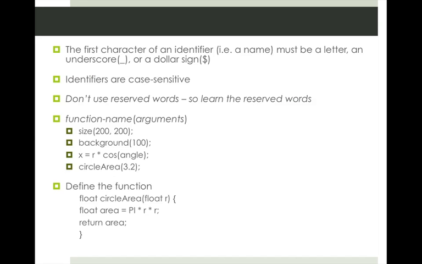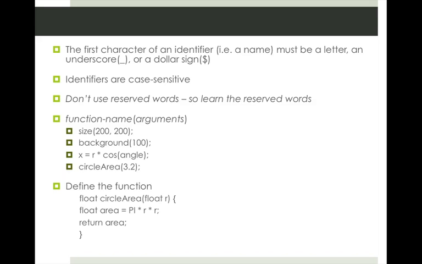So typically, when you write a processing sketch, an identifier is nothing but a name. It could be a function name, or an argument or a variable name, etc. It must start with a letter. It can start with an underscore, and it can also start with a dollar sign.